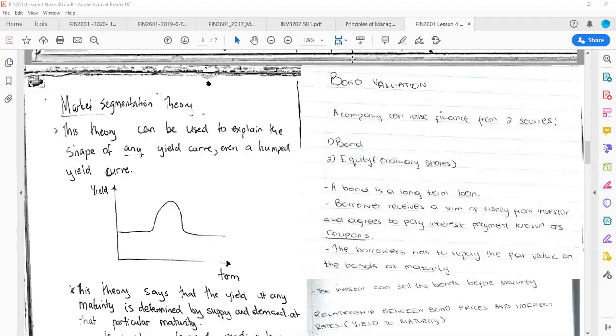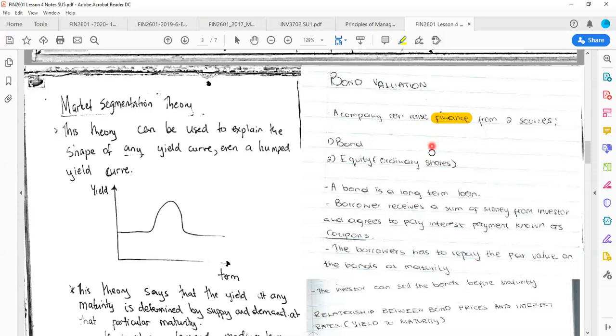We want to look at bond valuation. This is where we now look at determining the price of a bond. Okay, so firstly, you need to note that a company, let's say a company wants finance, long-term finance, money to use in capital projects, meaning money to use in projects where they only expect to start receiving money from the project after more than 1 year.